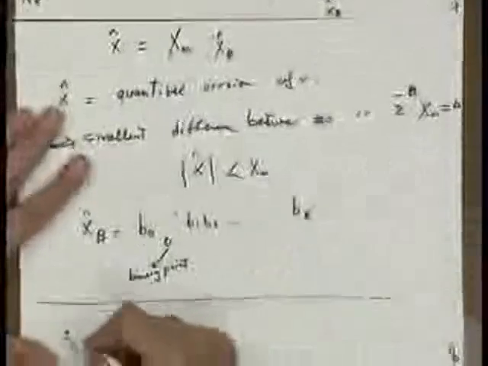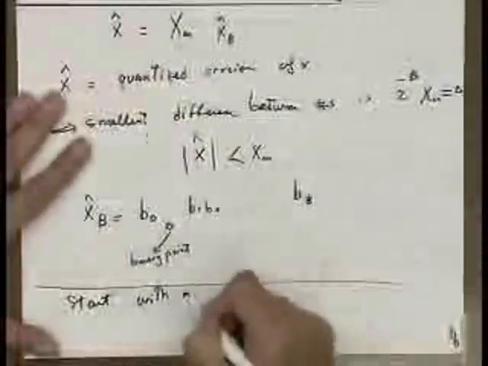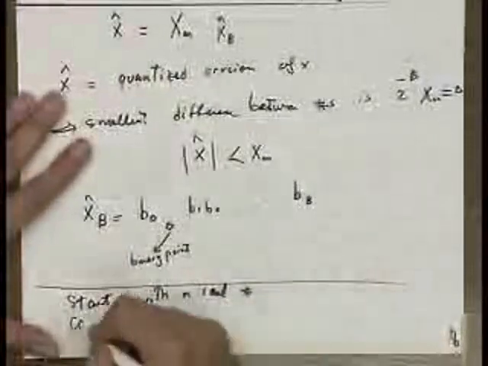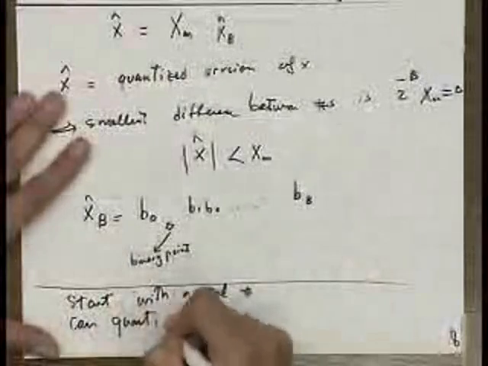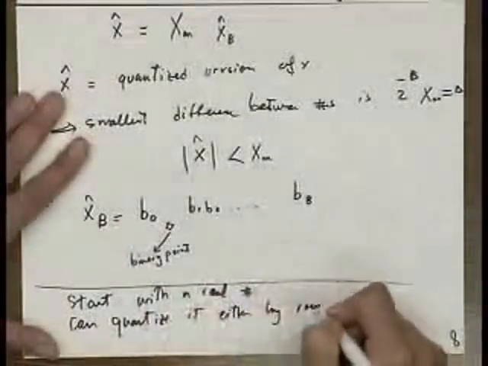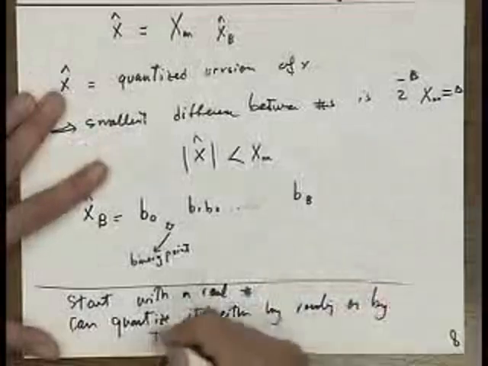So what I'm trying to say here is that if you start with a real number, then you can quantize it either by rounding or by truncation.